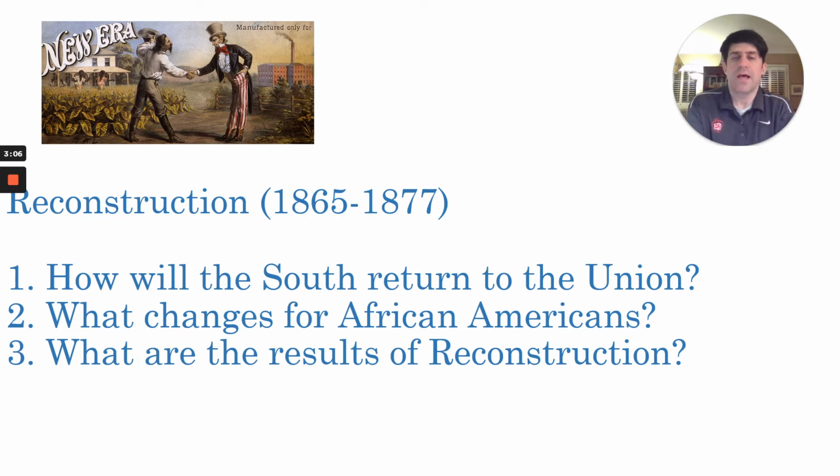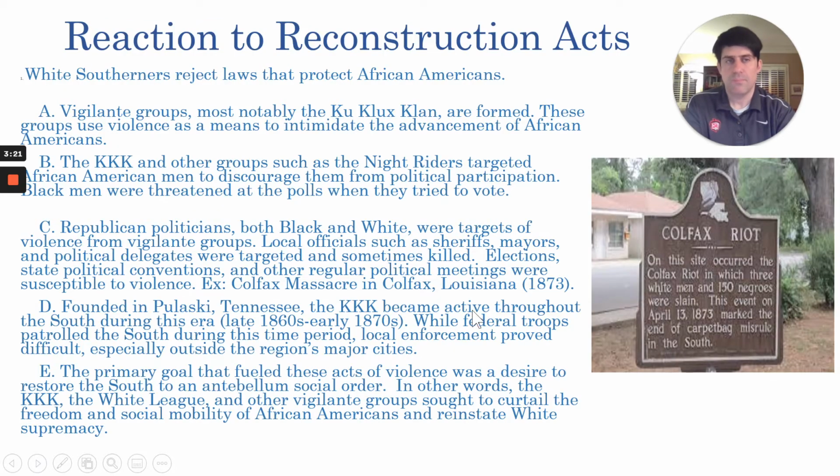And now that that is out of the way, let's pick up where we left off from the other day, and that is the end of Reconstruction and the results of Reconstruction. When I spoke to you in the first lecture, I discussed the Reconstruction Acts and what those acts were able to do for African Americans across the country, but especially in the South.